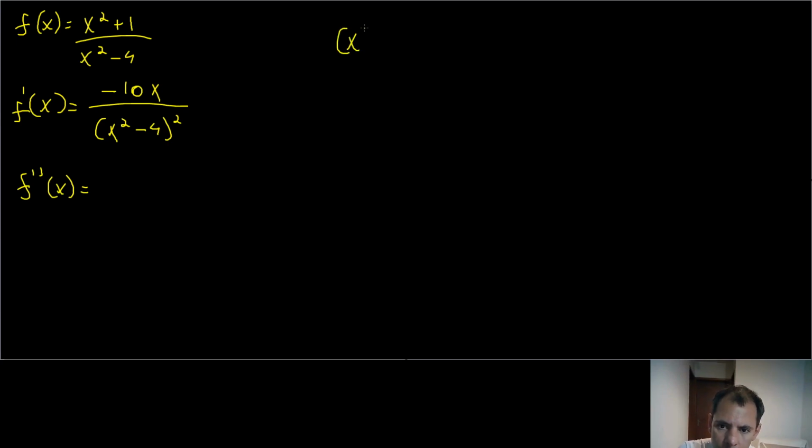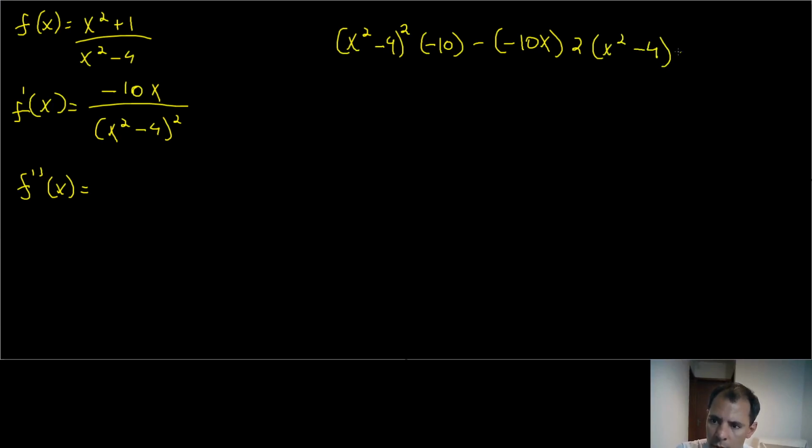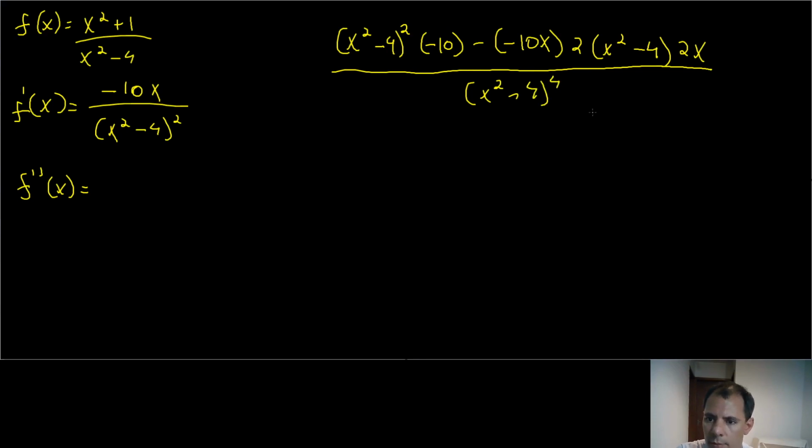So, x squared minus 4 squared times minus 10, minus 10x times the derivative of that, which is going to be 2 times x squared minus 4 times 2x, all of this divided by x squared minus 4 to the fourth.